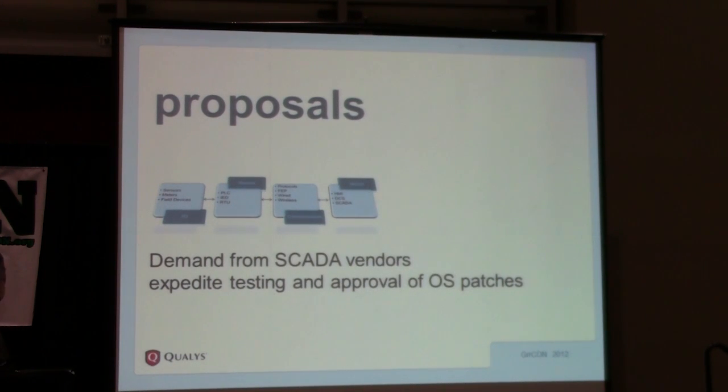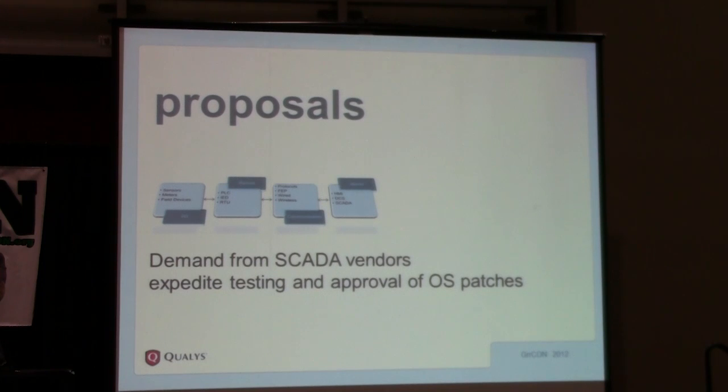Also demand from your SCADA vendors, in contract and in writing, that they will give you guidance on patching. They will test those patches first and then tell you if the patch is safe or not to apply. A lot of times you cannot apply a patch from an OS vendor directly on your SCADA system because it's a somewhat customized system.